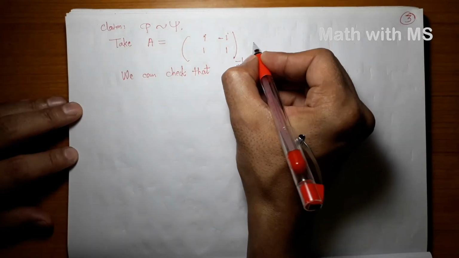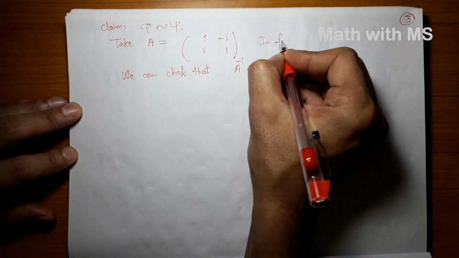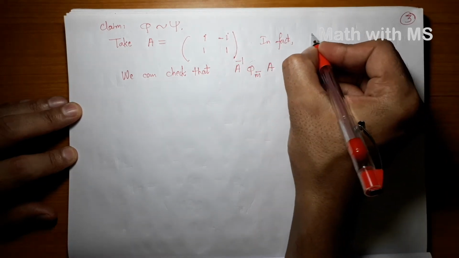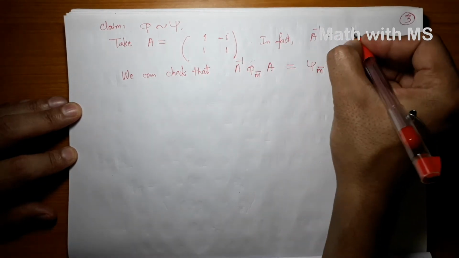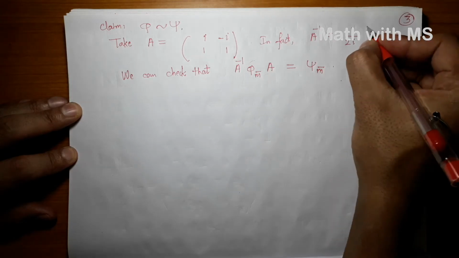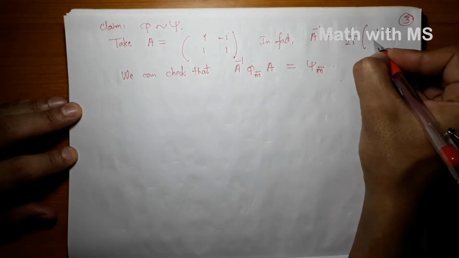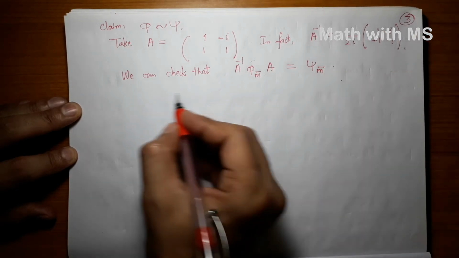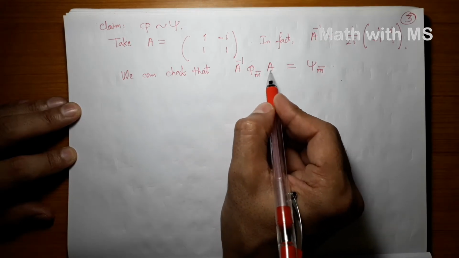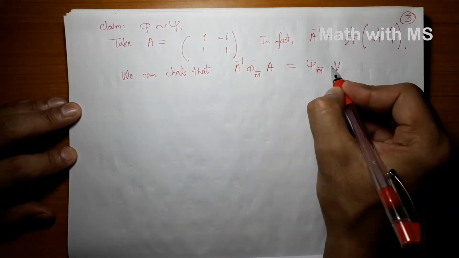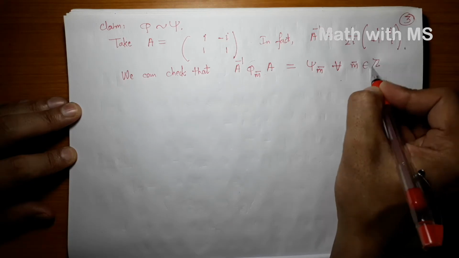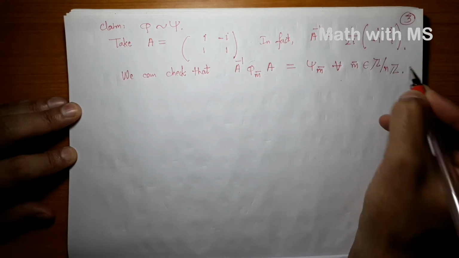In fact, you can compute it and check that A inverse is 1 by 2i times the matrix 1, i, minus 1, i. And A inverse phi m bar A is psi m bar for all m bar in Z mod nZ.